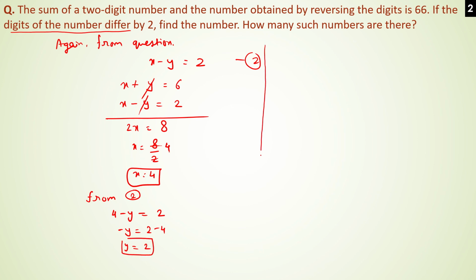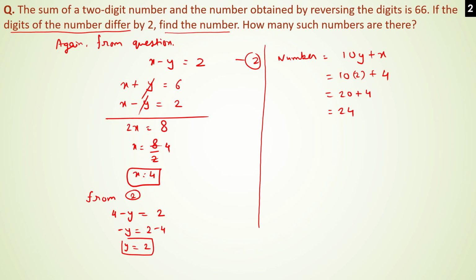So we have to find the number. The number was 10y plus x. So 10 into 2 plus x, which was 4. So that is 20 plus 4, that means 24.